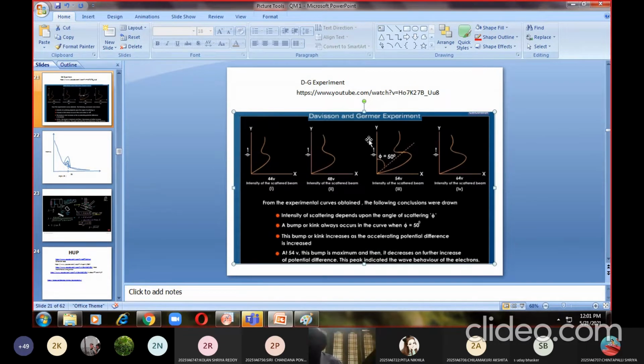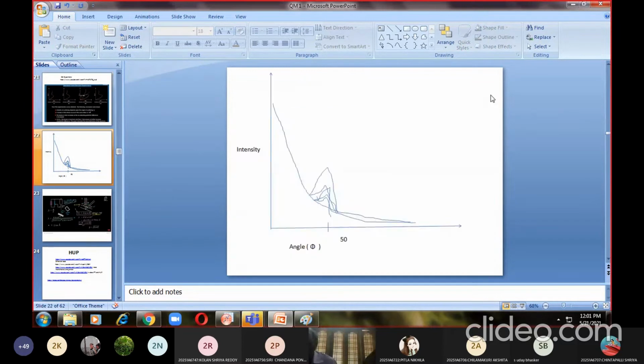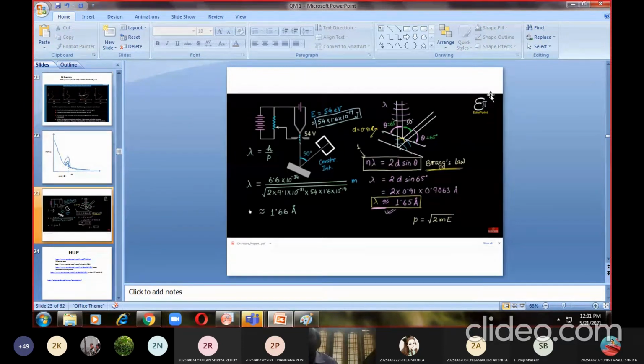It is found that for 54 volts and 50 degrees, it gave the most prominent peak. That is the experimental value. Now, from that, they tried to understand why those two values only. So this voltage is 54 volts.